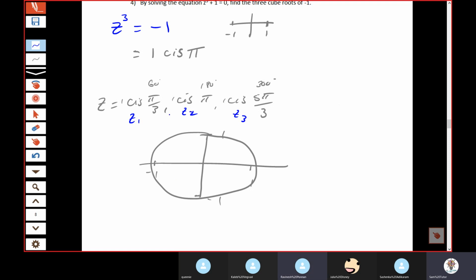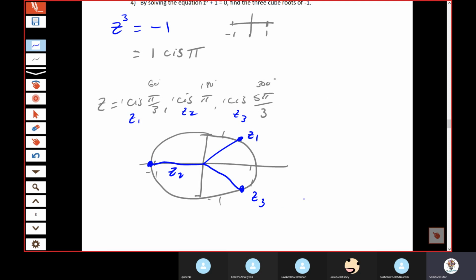Look, Z1 is there. That's your distance of 1 and gone up 60 degrees. Z2 is specifically right there. And then Z3, 300, is right there.